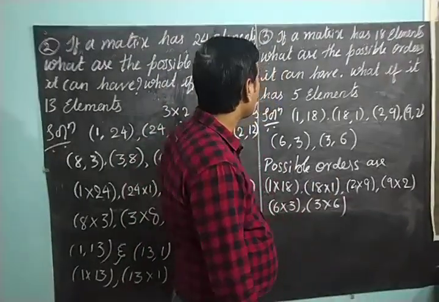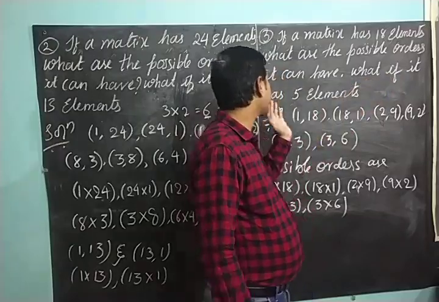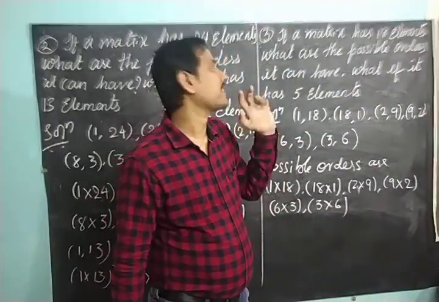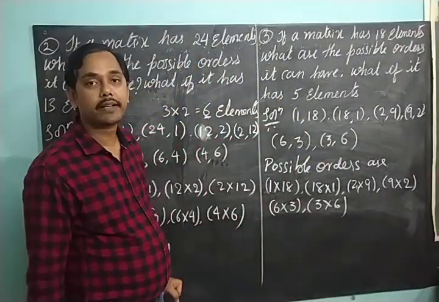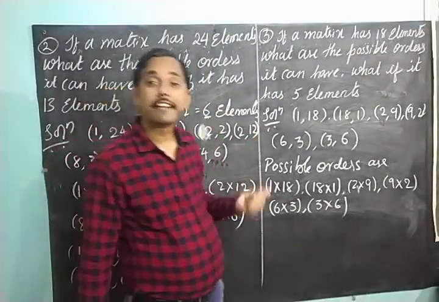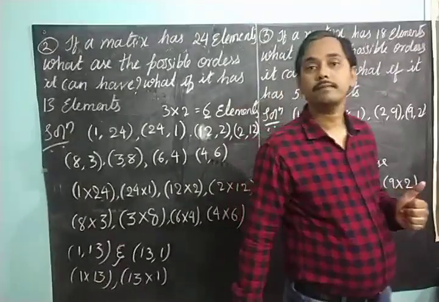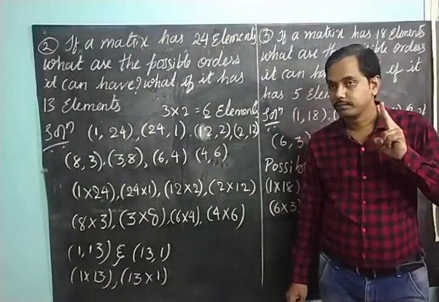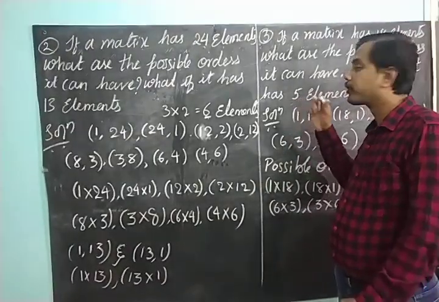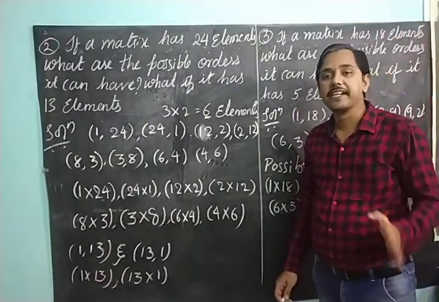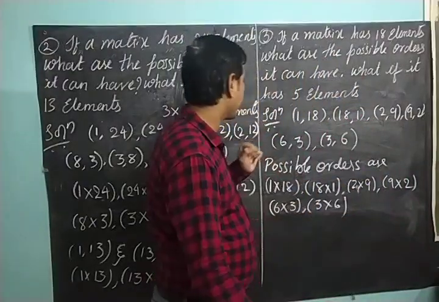Now coming to the second part, what if it is having 5 elements? Once again observe, 5 is a prime number here. So how many factors are there for a prime number? 2 factors, right? So 1 and the number itself. So what are the factors of 5? 1 and 5 itself, right? Okay.